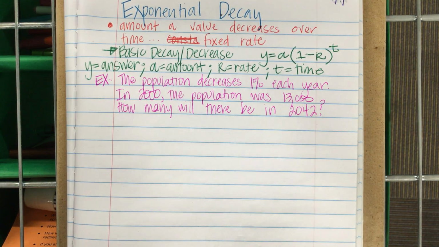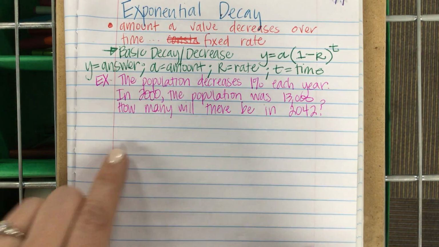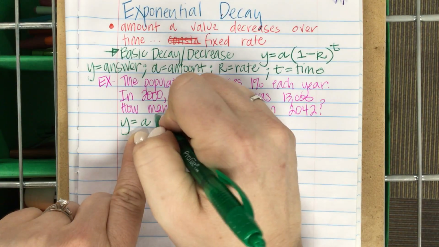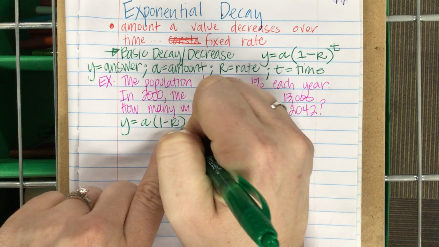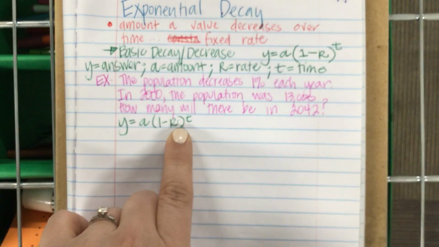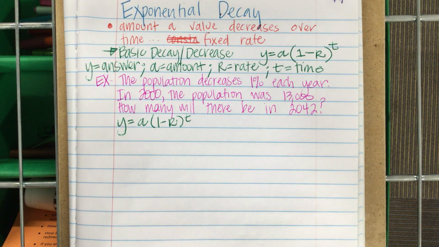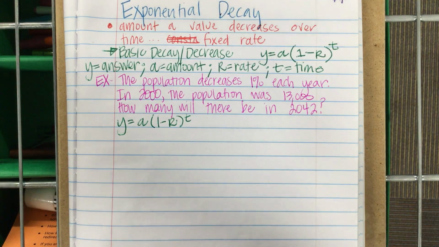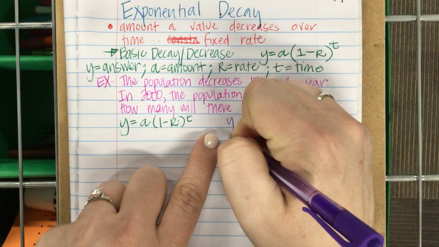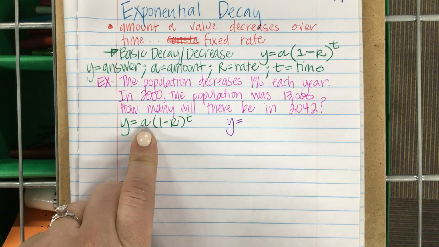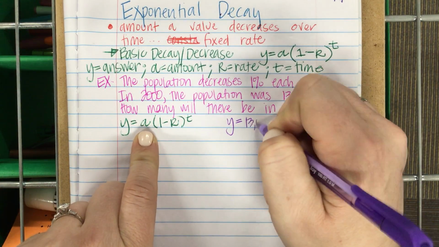So let's rewrite the formula because we love to rewrite it. Y equals A, my initial value, times 1 minus R to the power of T. Do you agree? Let's substitute. Y equals, what's my initial value A? 13,000.